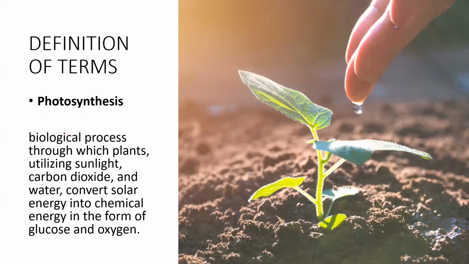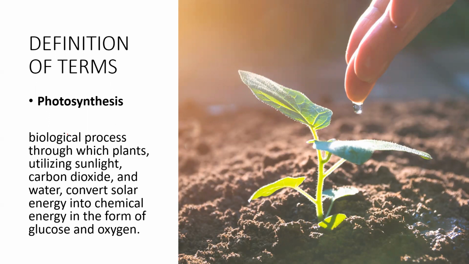So one of the definitions that we are going to understand is about the photosynthesis. So kapag sinabi nating photosynthesis, this is the utilizing of the sunlight, the carbon dioxide and water that convert solar energy into chemical energy, to form glucose and oxygen.